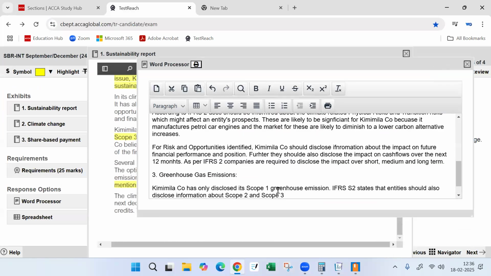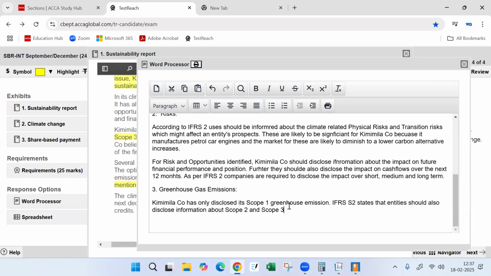Okay. So the company has disclosed only scope 1 emissions. IFRS S2 states that entities should also disclose information about scope 2 and scope 3 greenhouse gas emissions. Note that Kimi Mila company would be exempt from scope 3 in its first annual report produced under the IFRS sustainability disclosure standards.